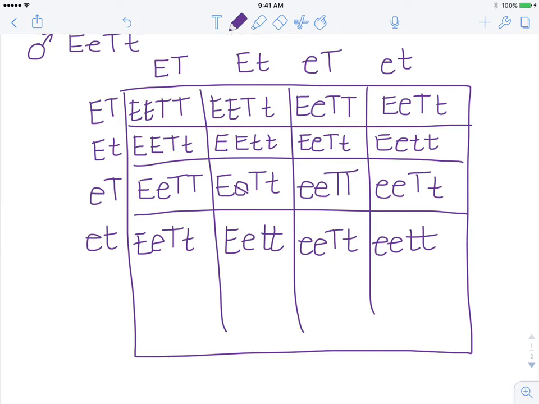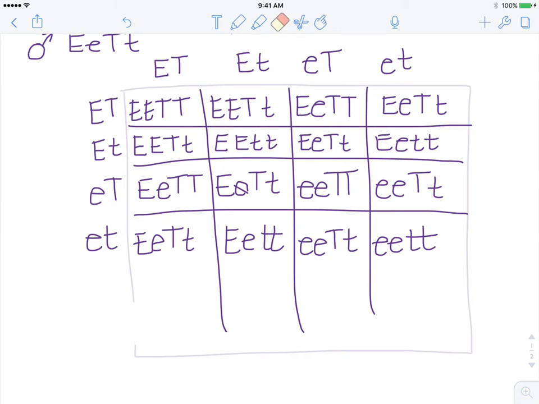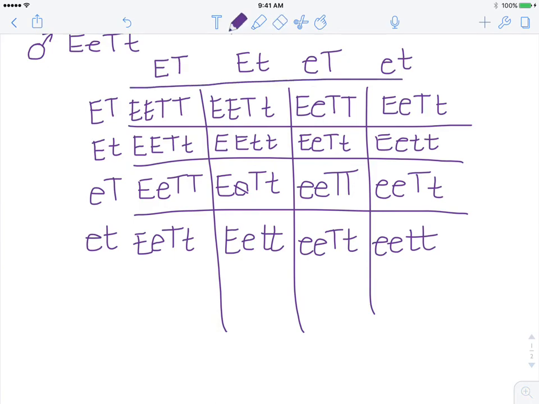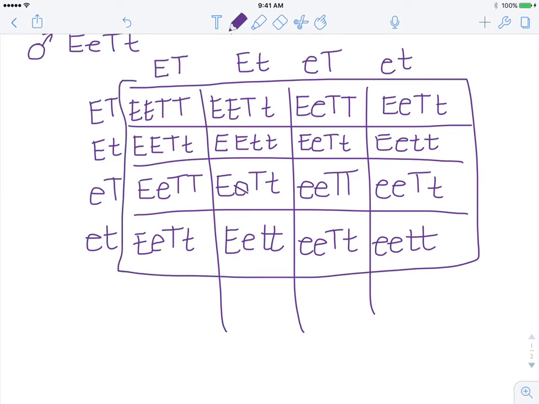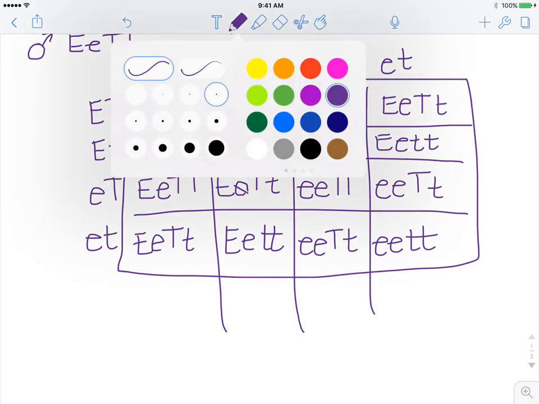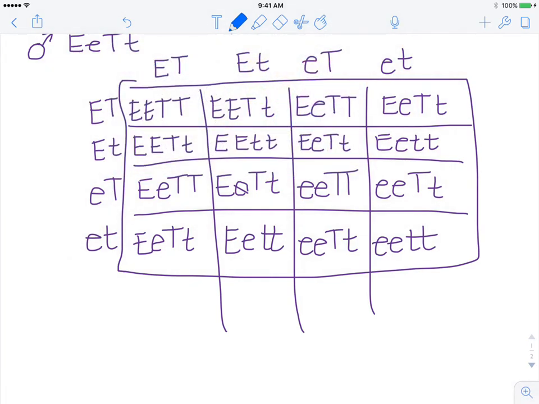Let me see if I can erase some of the bottom of this square. I guess it's going to erase the whole thing for me. Redraw that. Okay, let me change the color of the ink as well.